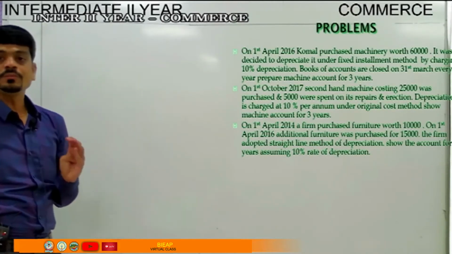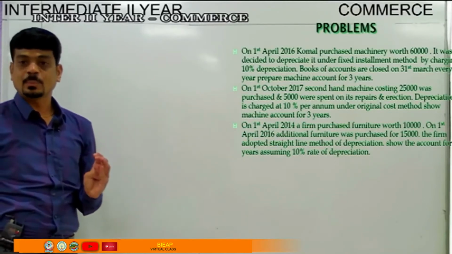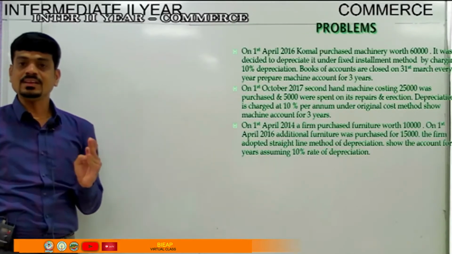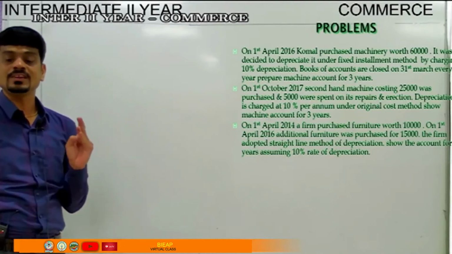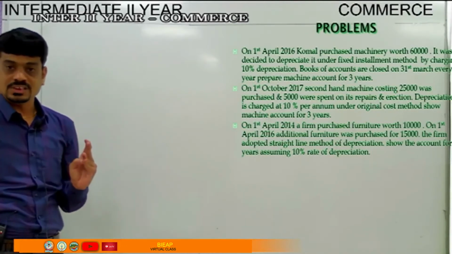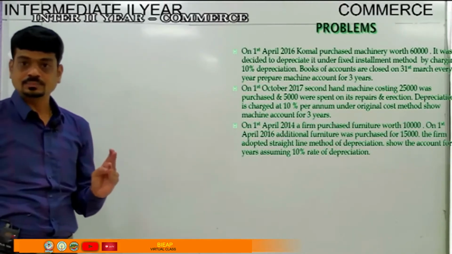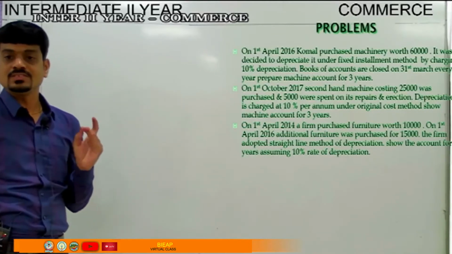First thing, what we want to know is the cost of asset. Cost of asset is 60,000. Second thing, we bought the machine on 1st April 2016, means at the beginning of the financial year. Third, we want to know the rate of depreciation.